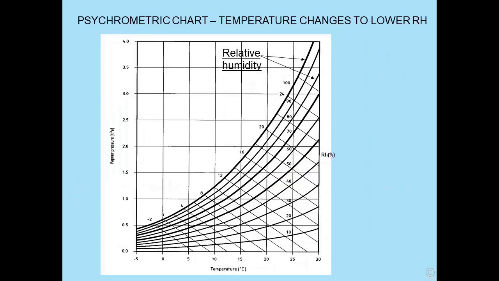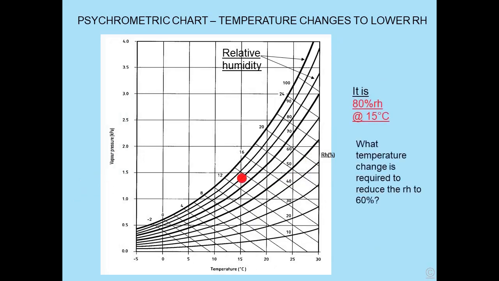We can also use a psychrometric chart to look at temperature changes to a lower relative humidity. For example, imagine it is 80% relative humidity at 15 degrees. What temperature change is required to reduce the relative humidity to 60%? Well, let's mark the spots. There's our 80% line and there's our 15 degrees.